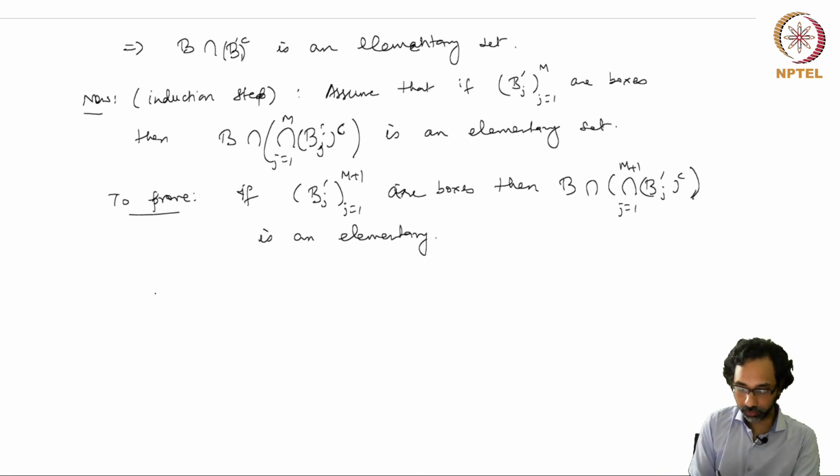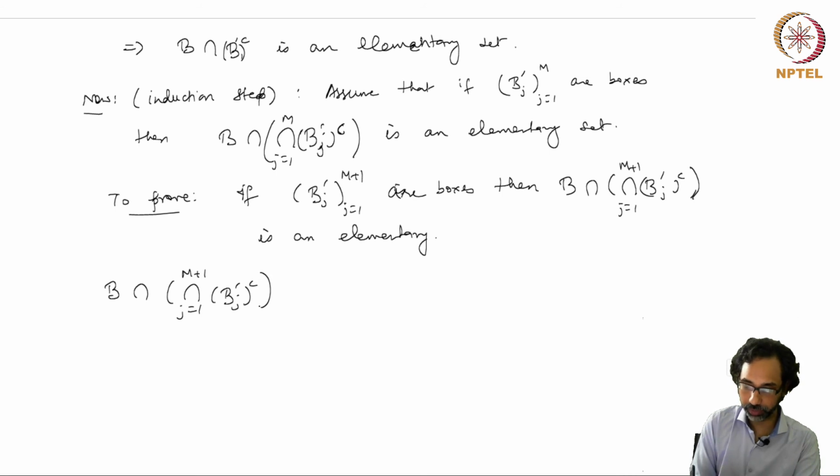So let's write down what is B intersection of j to m plus 1 Bj prime complement.